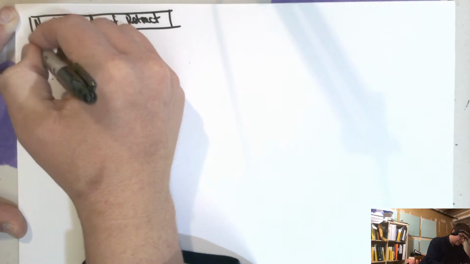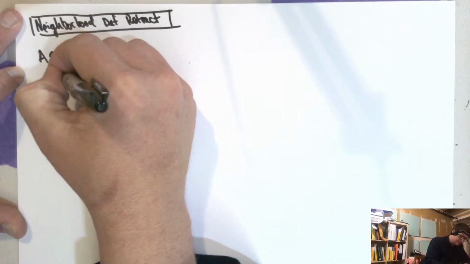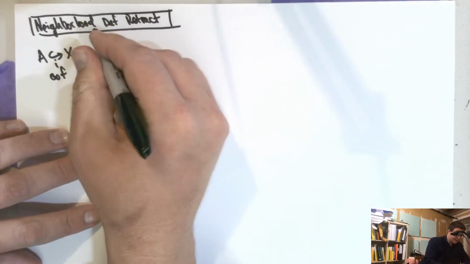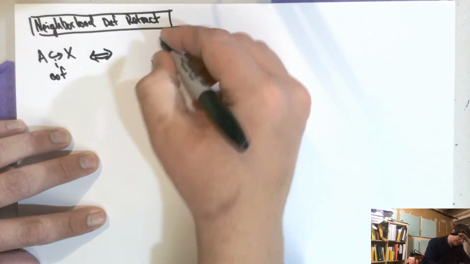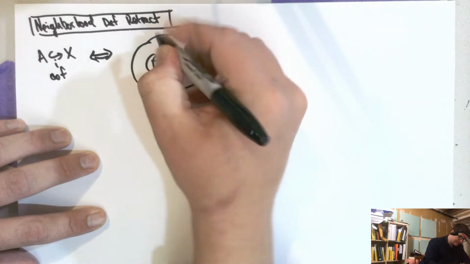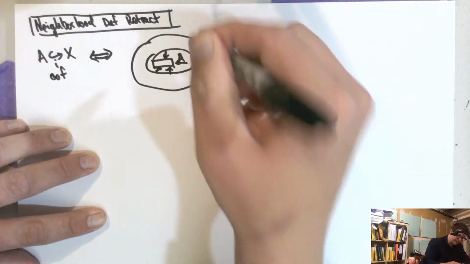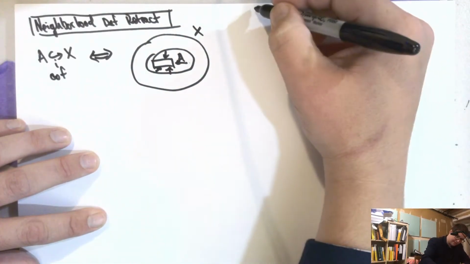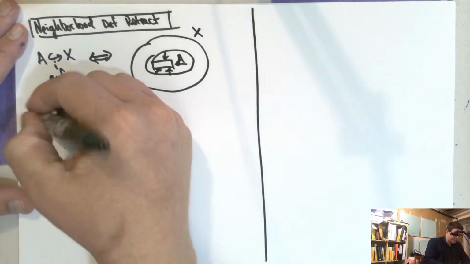Given a cofibration, this is equivalent to, so let's draw a closed set A in X, and then I'll have some U that I can pull in. So the idea is that you can kind of pull in neighborhoods.